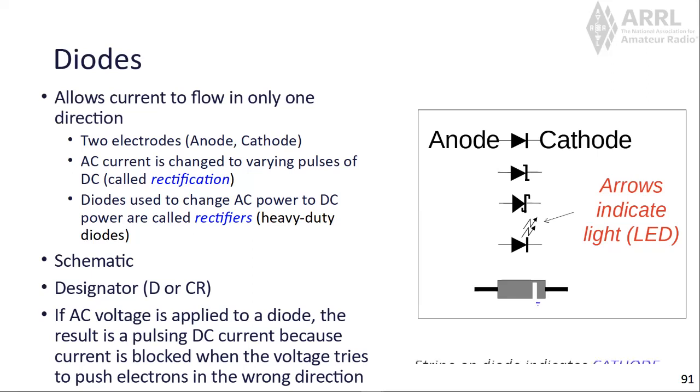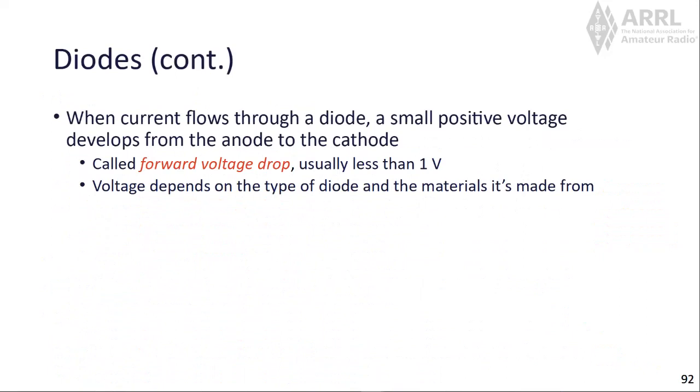Okay. Next. When current flows through a diode, a small positive voltage develops from the anode to the cathode. This is called the forward voltage drop. It's usually less than a volt. Voltage depends on the type of diode and the materials it's made from.